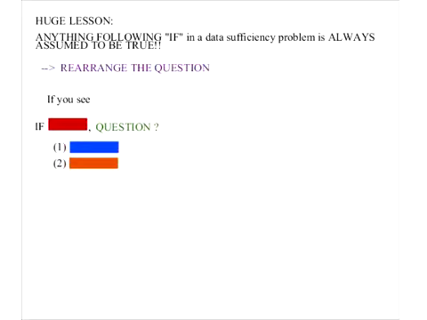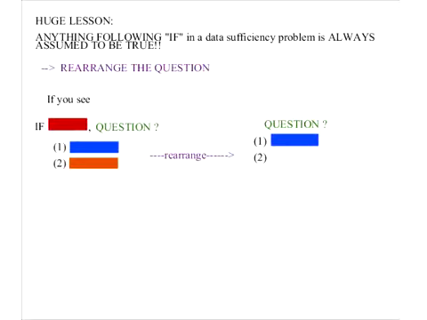The way that you should rearrange this is you should rearrange it with the knowledge that the red thing is always true. And so the question part is really just the green question. You should rearrange the data sufficiency problem so it's just the question. And then, because the red statement is assumed to be true, you can just add it to the statements that are already there. So statement 1 is still that.